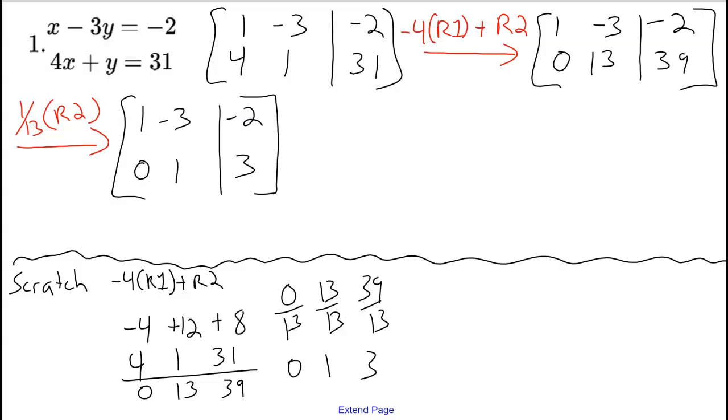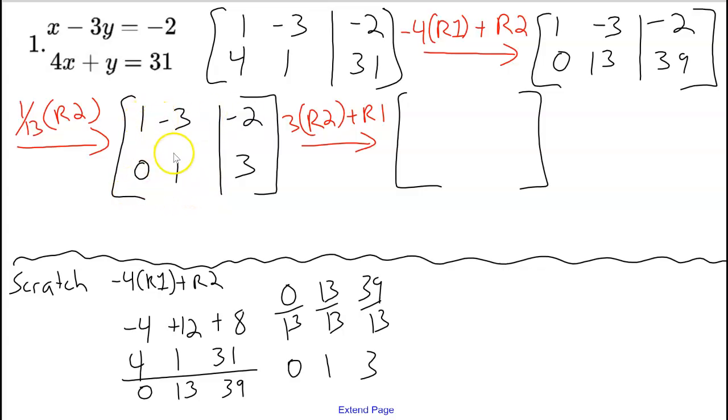All right. Now, last thing I need to do is get this -3 and make it a 0. So what can I do to make this -3 a 0? I can do 3 times row 2.